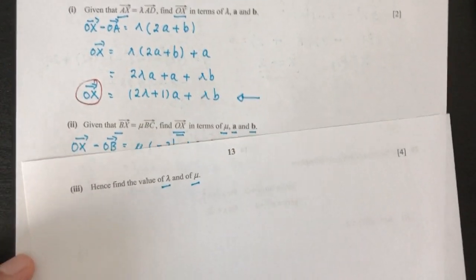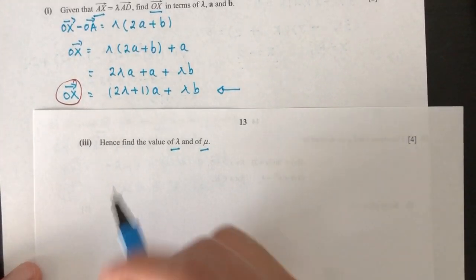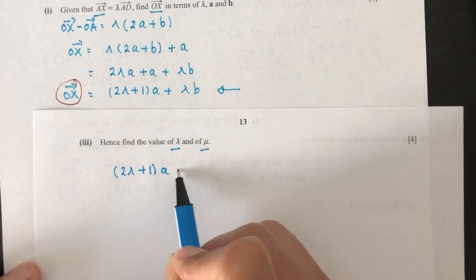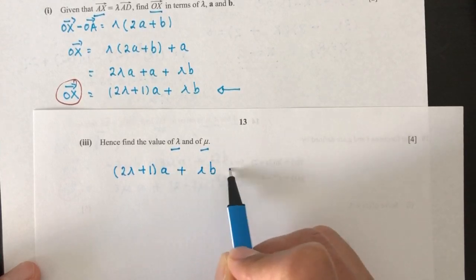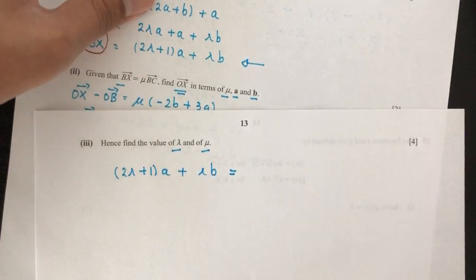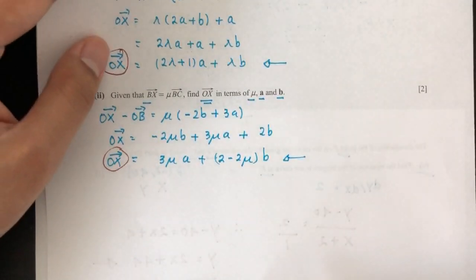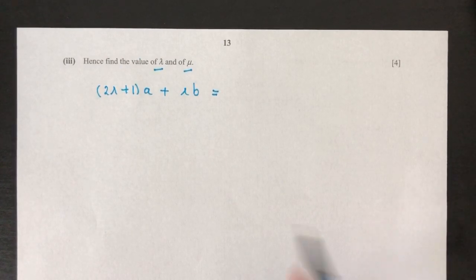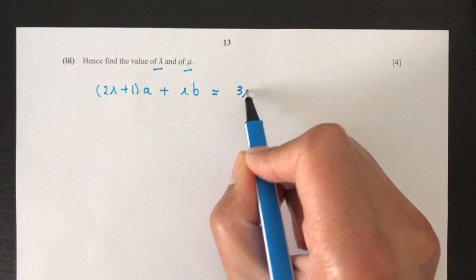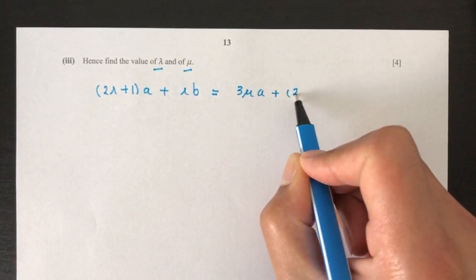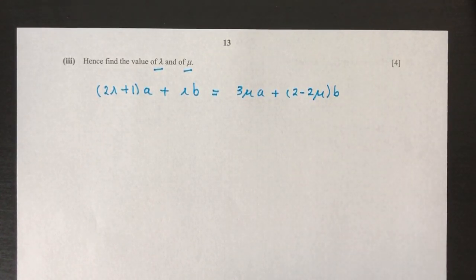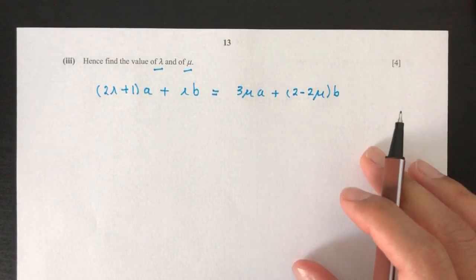So you will have 2 lambda plus 1 A plus lambda B is equal to 3 mu A plus 2 minus 2 mu B. Now we have to compare the coefficients.